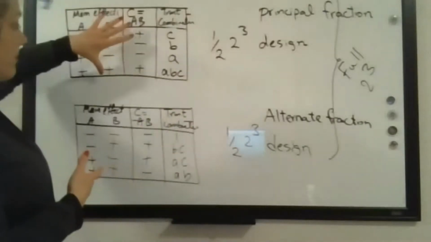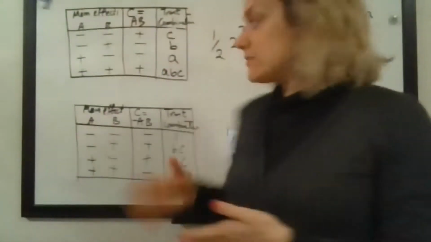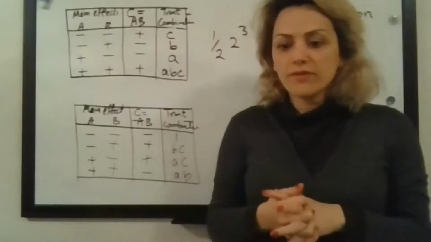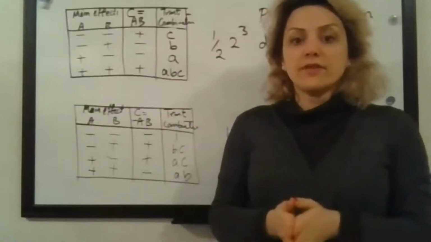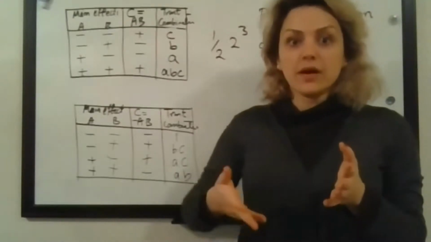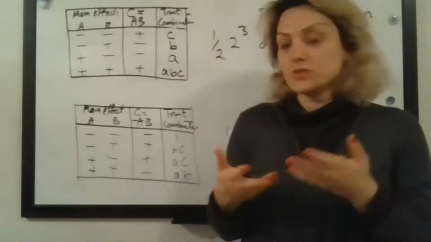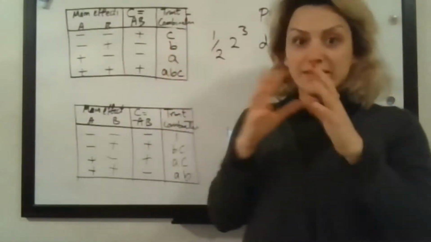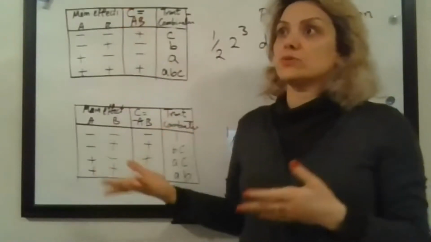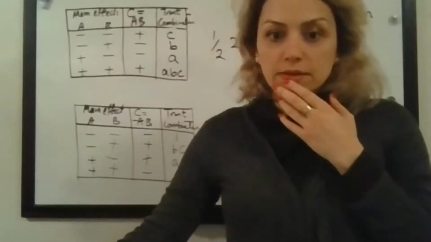So this is my principal fraction, this is my alternate fraction, and we're going to learn more about how to work with these in maybe 10 slides, for example, when we reach the design generators. We have a table for it with the number of factors and the number of runs, and it helps us see how we can get the balance. This is one way of doing that. For example, you would assign C to the interaction of the factors that we would have for the 2 power 3.